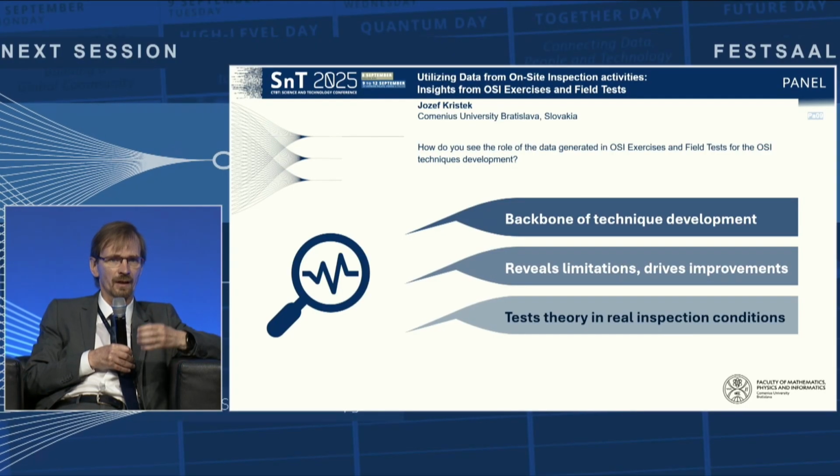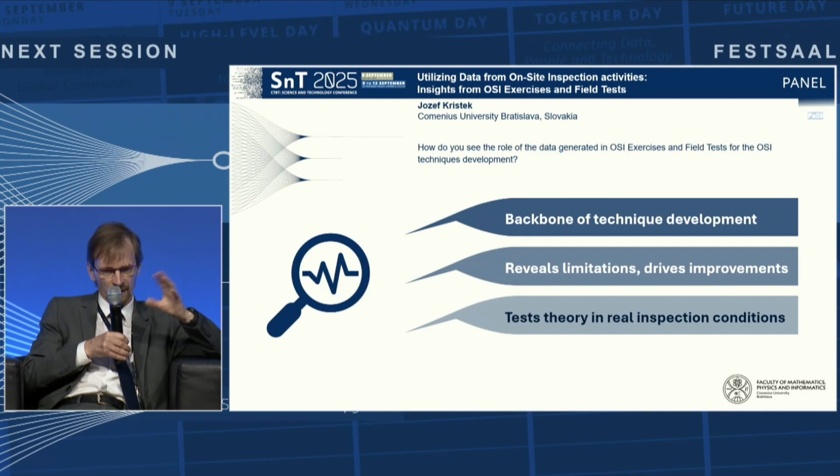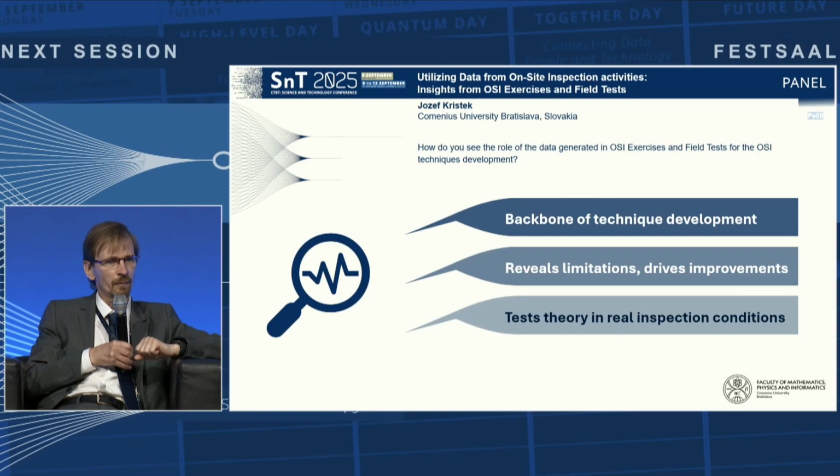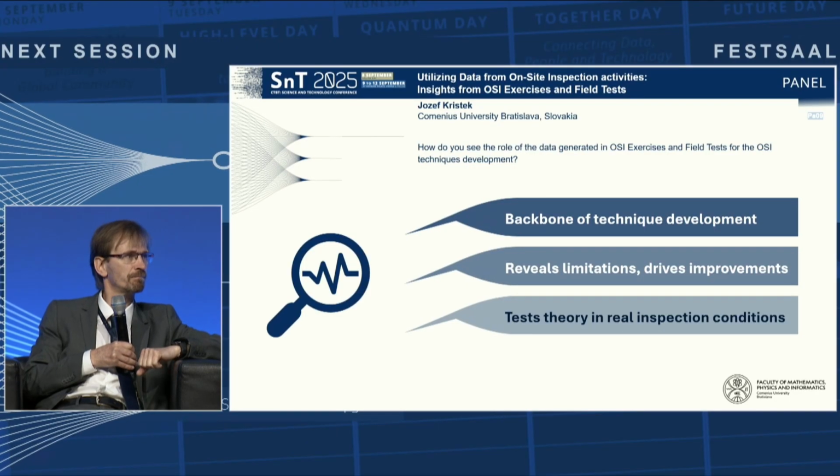And this was really invaluable in processing and in enhancing our techniques. So in short, the data generated by OSI are really the backbone for technique development. They reveal limitations, drive improvements, and allow us to test theory in real inspection conditions.